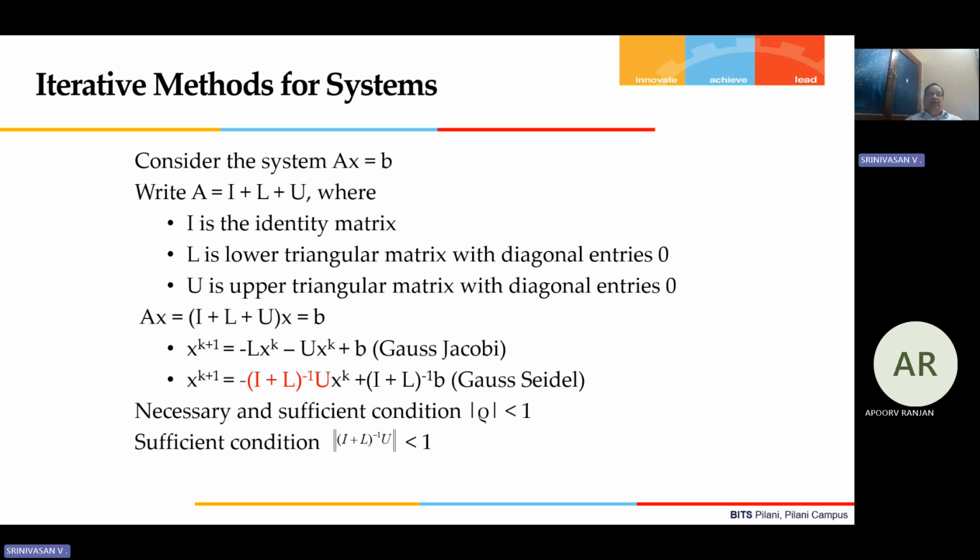It should be less than 1. But norm with which suffix, 1, infinity or 2? It is 2. The test for convergence of the Gauss-Seidel iterative method is the norm of minus (I plus L) inverse into U, with suffix 2 or suffix F, Frobenius, should be less than 1.